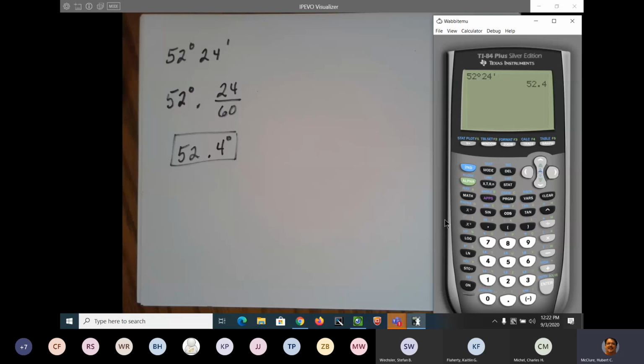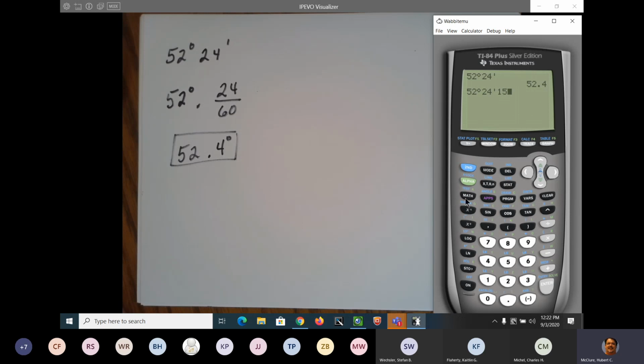There you go. Now, what if you had seconds? Well, you got a quotation down here somewhere. Isn't it above the plus sign? So if you needed to change 52 degrees, this is a pain, 24 minutes, and 15 seconds.